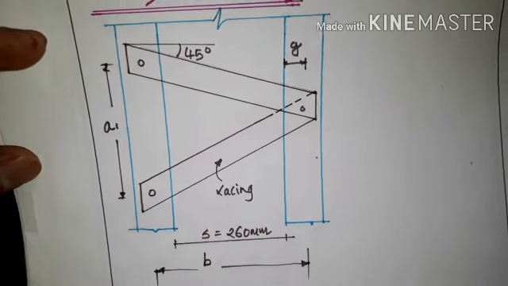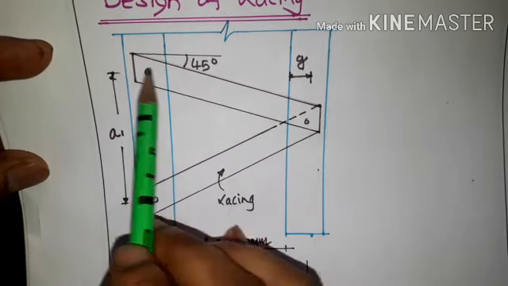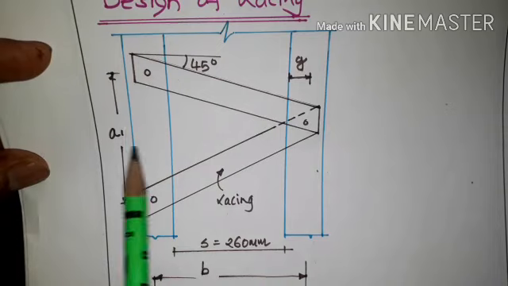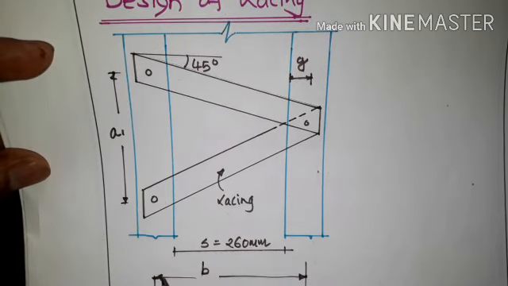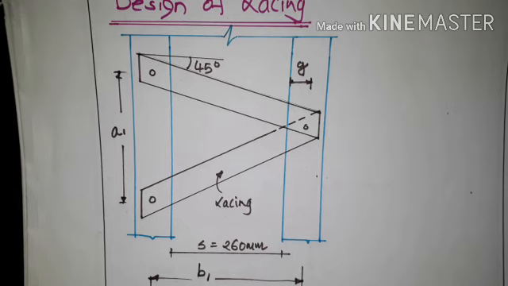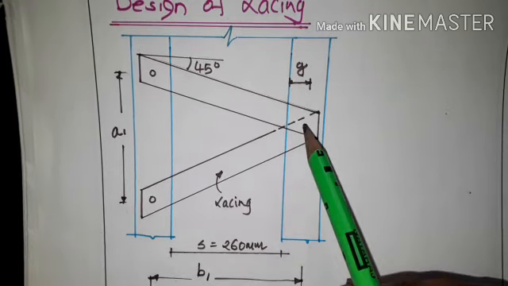Here the inclination of the lacing we are assuming at 45 degree, and this is A1 and this is B1, sorry, A1 and B1. Then this is the edge distance, or G. Here we'll continue with the session now.